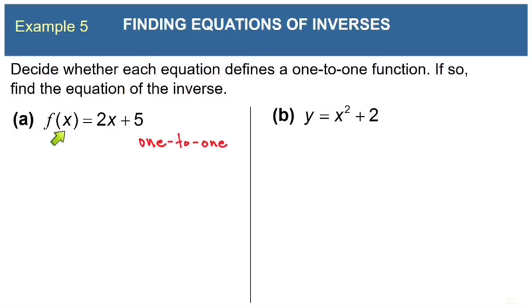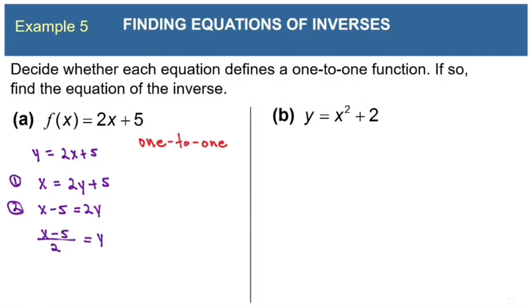Now, to find the inverse, I will replace the f of x with y, and now step 1 is swap the x's and y's, and step 2 is solve for y. So I'll need to get this plus 5 onto the other side and divide both sides by 2. And now my inverse is solved for y, but I want to give it an inverse label. So now I'm going to say f inverse of x equals (x minus 5) over 2.